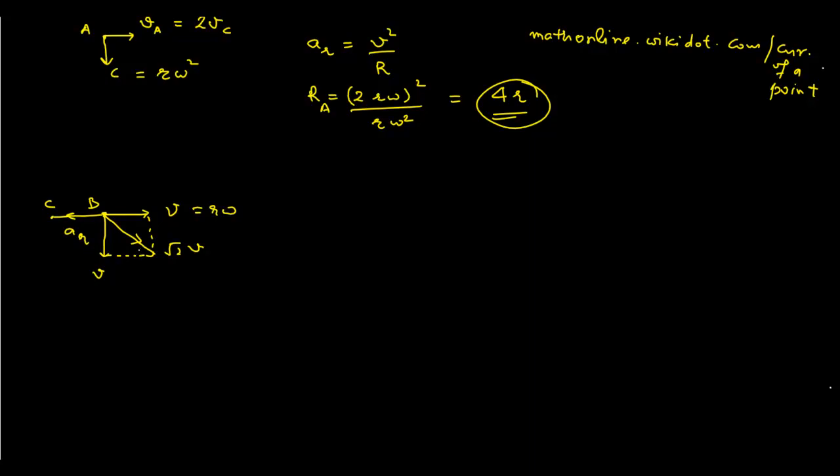Now what we want to find is the radius of curvature of point B. So for this we need v square by acceleration of point B. Now the condition here is this v and the acceleration corresponding to this point B must be perpendicular to each other in order to substitute in this formula. Now what is the acceleration in this direction?